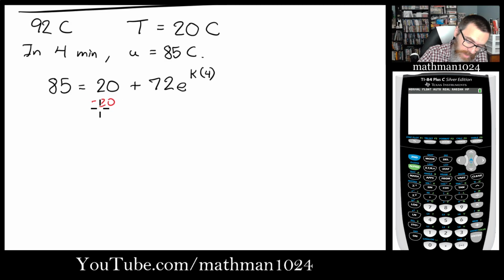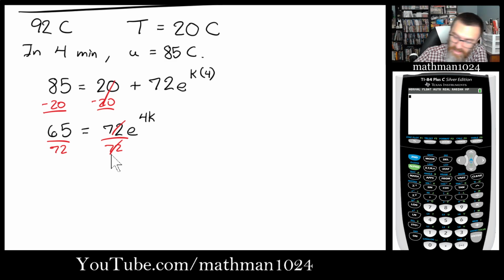All right, so first we're going to move the 20 to the other side. So 65 is equal to 72 e to the 4k. Divide both sides by 72 because we need to get rid of all the stuff that's in front of the exponential. 65 over 72 is equal to e to the 4k.